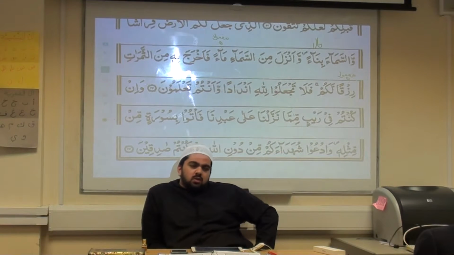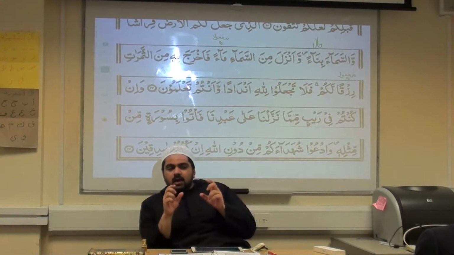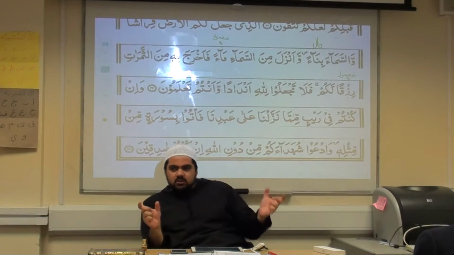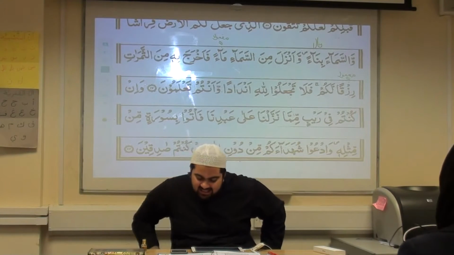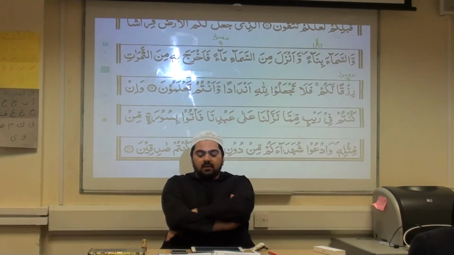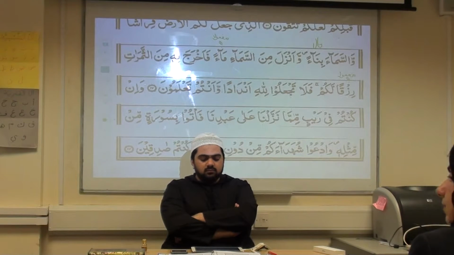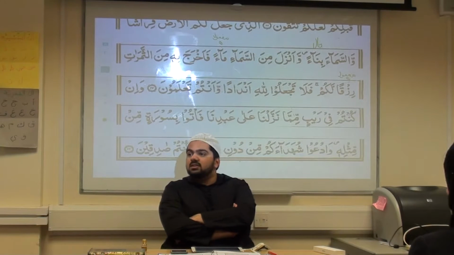نزلنا. It's also, so mimma is min and ma, so it's jar majroor, but then the ma is also mawsool. Good. Nazzalna, نزلنا is فعل ماضي. On which bab? Nazzala, fa'ala. So which bab? Is what you said it? Two?